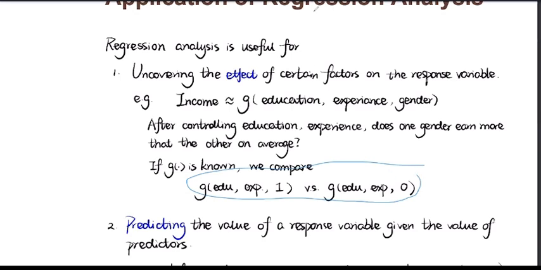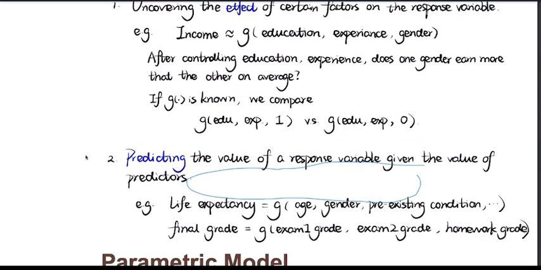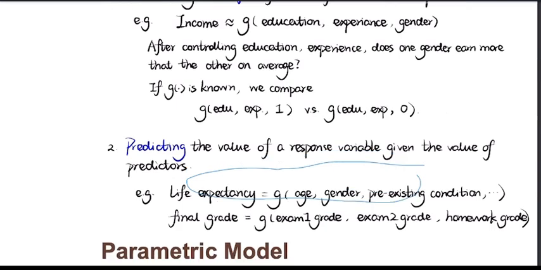Okay, now we're talking about the significance of regression analysis. Another is that it will enable us to make a reasonable prediction. What is the essence? Predicting the value of a response variable given the values of predictors.